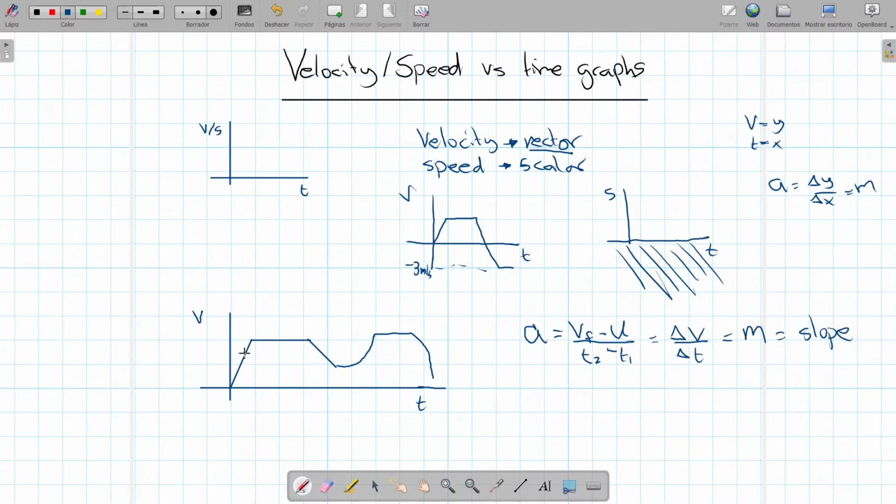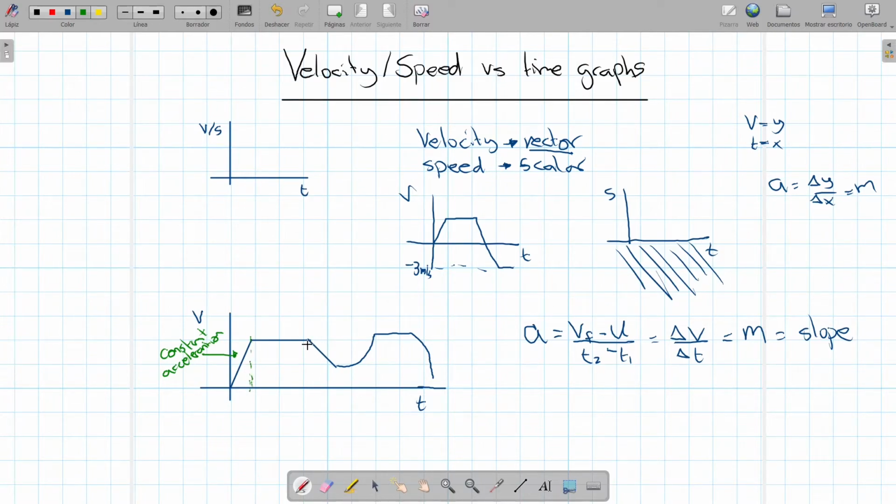Okay, so a straight line both going up or going down. A straight line going up means a constant acceleration, because the slope is always the same in this area.